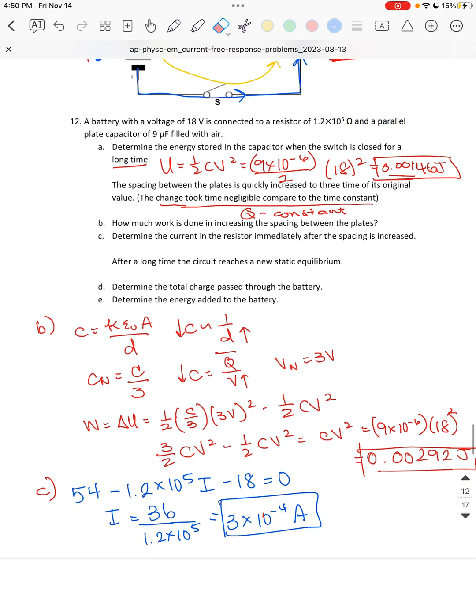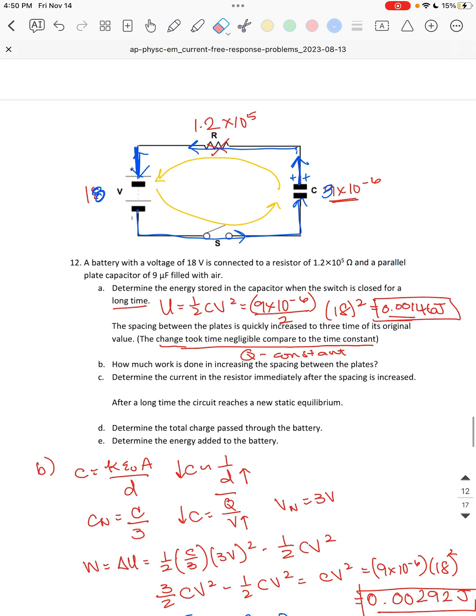And once it is fully dissipated through the resistor, then it's just the battery providing the voltage. So again, the capacitor is going to be charged up by the battery at 18 volts, and that would be equilibrium after a long period of time. Because again, that extra charge on the capacitor has dissipated through the resistor.